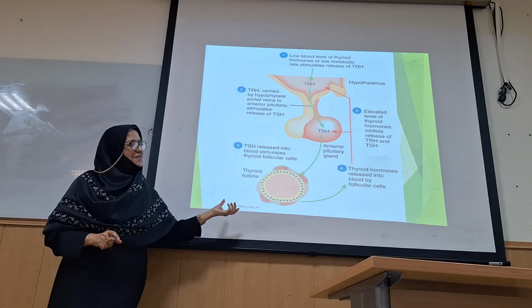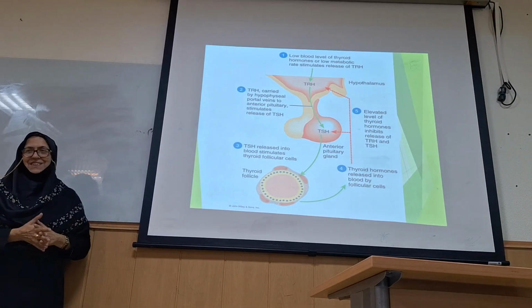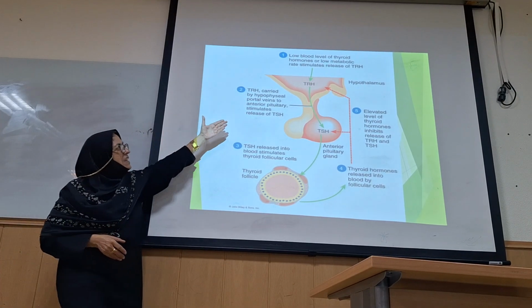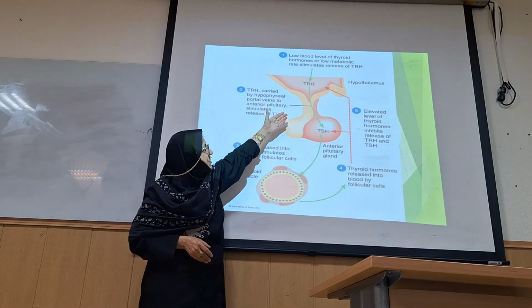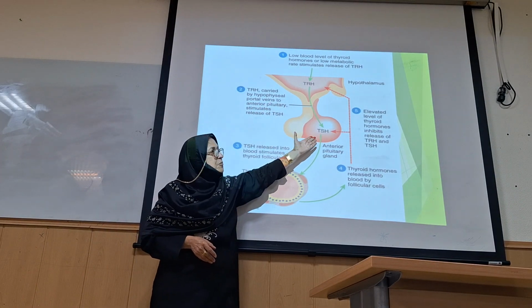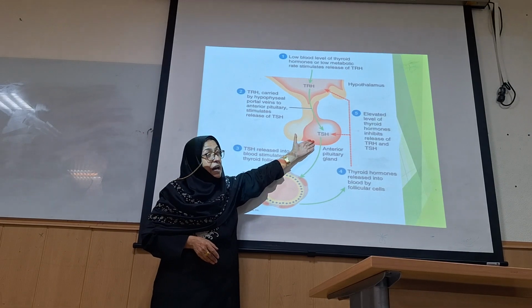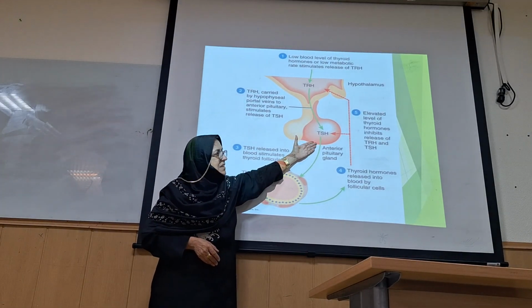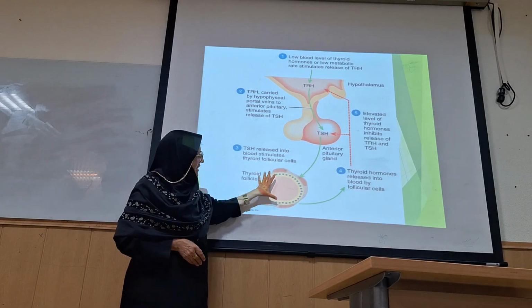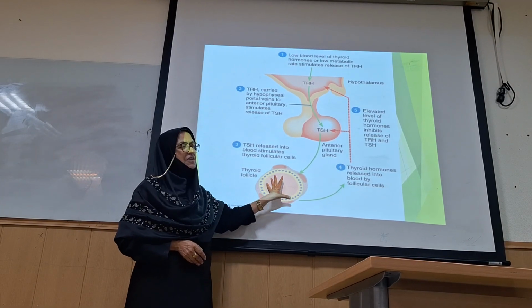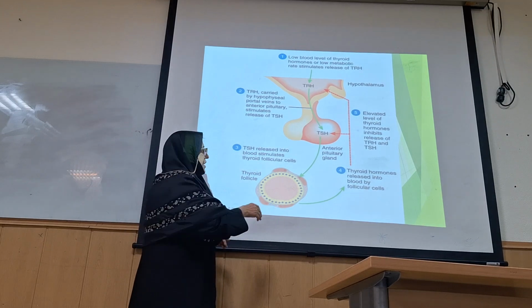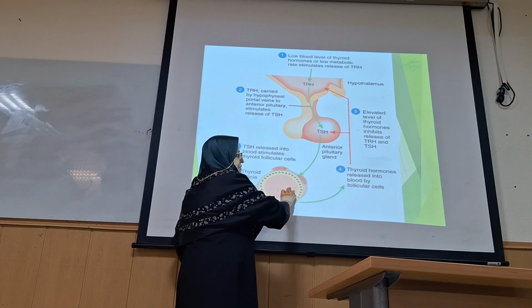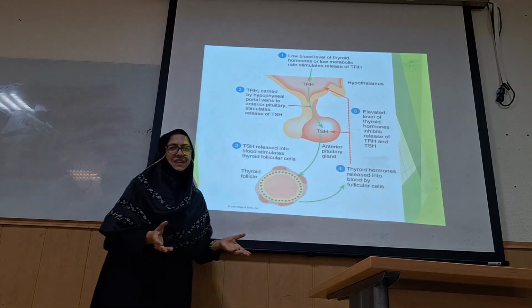This slide is similar to the previous slide. The hypothalamus releases TRH. TRH has receptors on the pituitary gland, activates the pituitary gland, and releases TSH. TSH has many receptors on thyroid follicles. When thyroid follicles are activated, they release thyroid hormones.